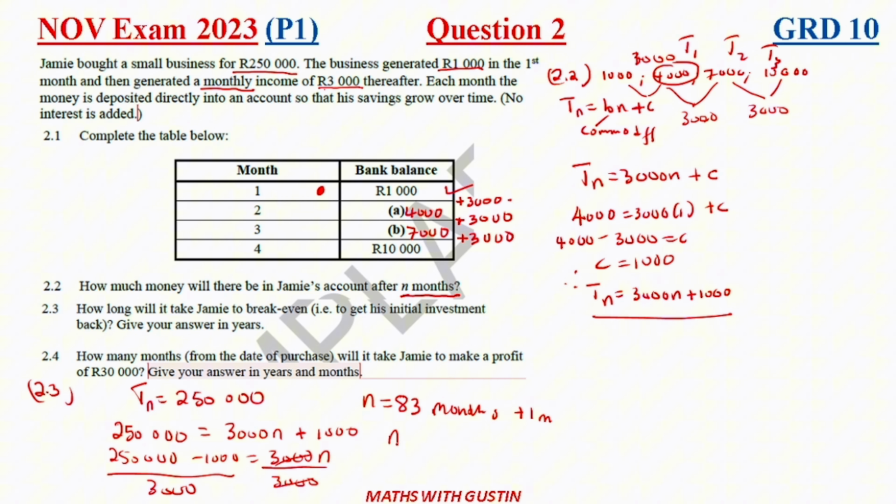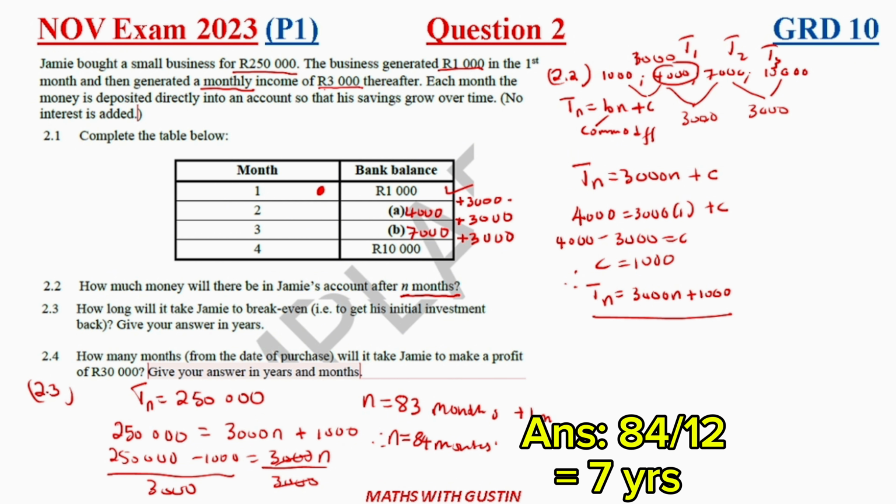So therefore the total is going to take 84 months for him to get his money back. Okay, so it's going to take 84 months. I hope you guys can see there. Let me just make it clear for you. It's going to need 84 months. All right, so that's how you would deal with this one, guys. I hope you understand. We need to add that 1 month where there was 1000 in the bank before he started gaining 3000 each and every month.